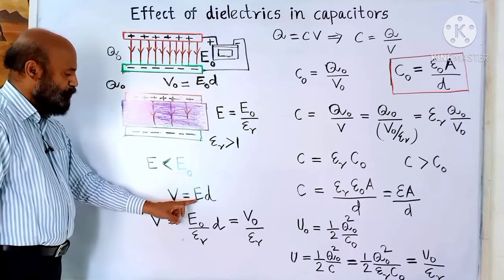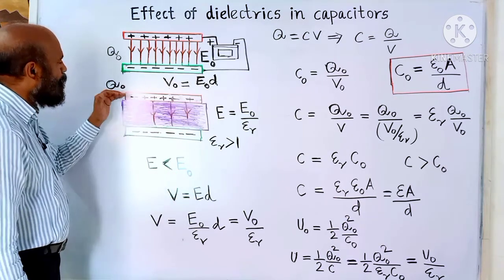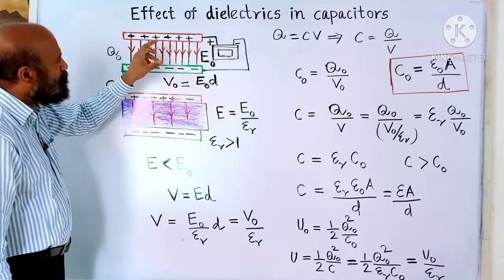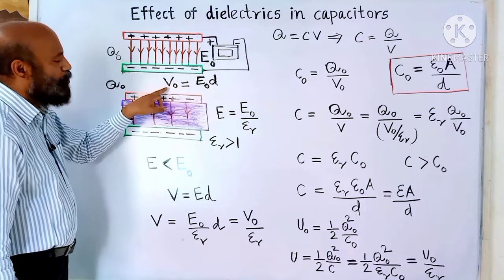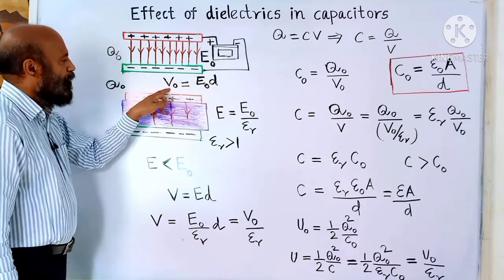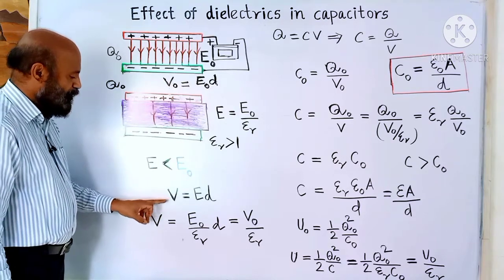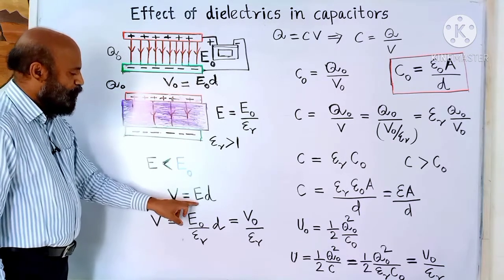The electric field is reduced, so the potential difference between the plates also will be reduced. Without the dielectric, the potential difference is V0. After introducing the dielectric, the potential difference is V. So V is equal to E into d.